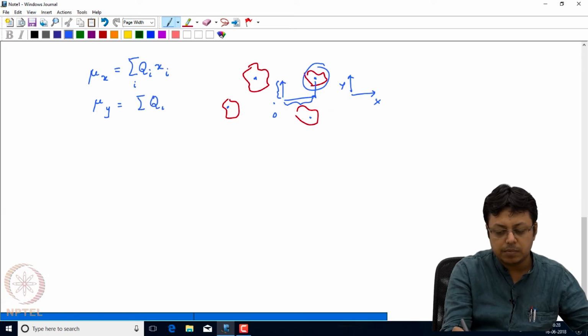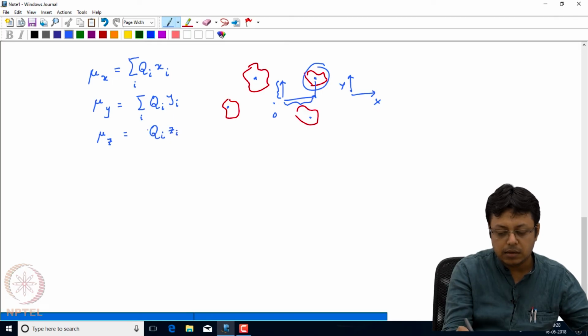So the partial charges times the position of that atom. Since we are now talking about the y component, it will be something like yi, and similarly we can talk about the z component of the dipole moment.